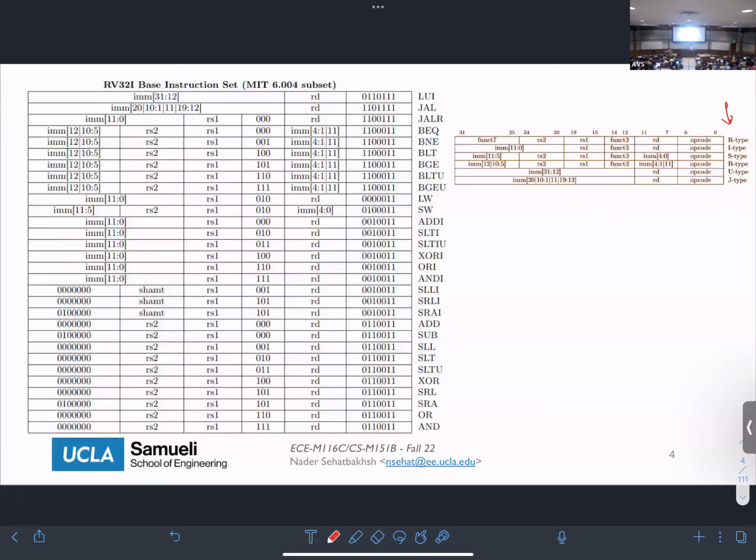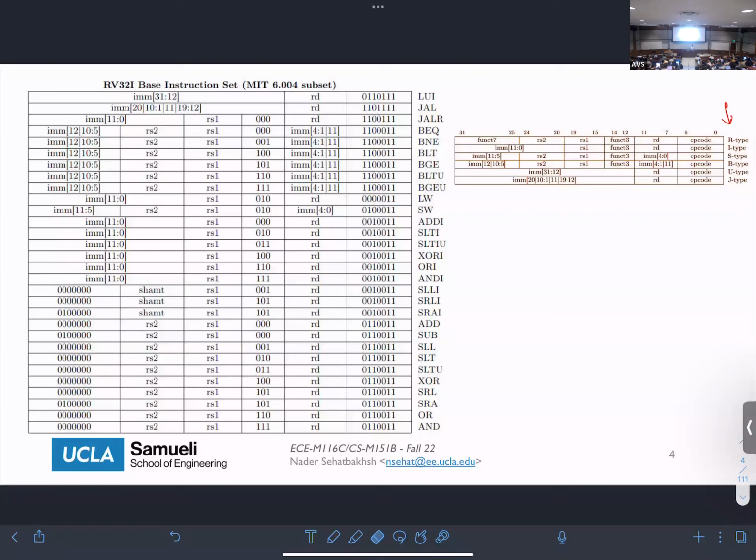R types are the most common ones, which are all these different ALU operations. The I type is similar to R type, but it uses immediates. The S type is usually for store. The B type is for branches, and U and J types are also used for branches and some other instructions that we didn't really get into.